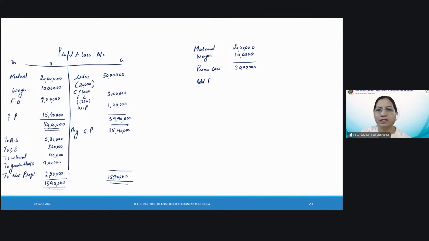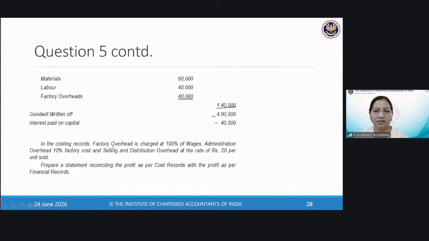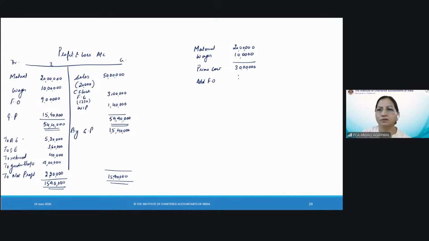Add factory overheads. Factory overheads are charged at 100% of wages, so another 10 lakh. And this also tells us that there is a difference in factory overheads, 9 and 10. So factory overheads are over-absorbed by 1 lakh.